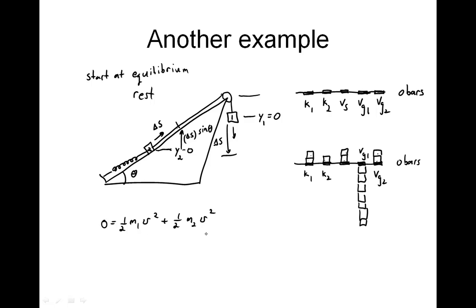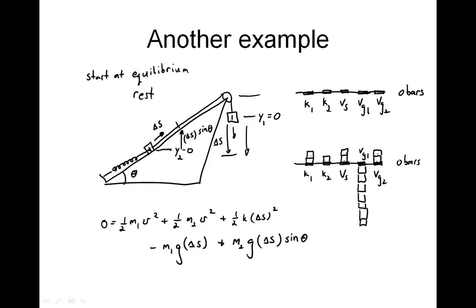So V1 and V2 are the same, so I'm just going to call that V. And here's the spring potential energy, so plus 1/2 K delta S squared, because that's how far the spring has stretched as this mass goes up the incline a distance delta S, minus M1 G delta S, minus, because it's falling downward, plus M2 G delta S sine theta. That's how far up mass 2 rose. And so this is my energy equation.